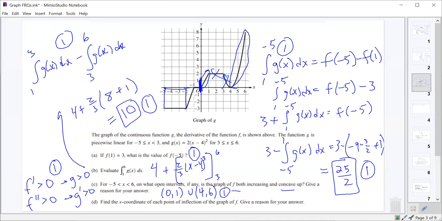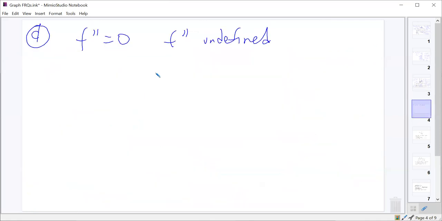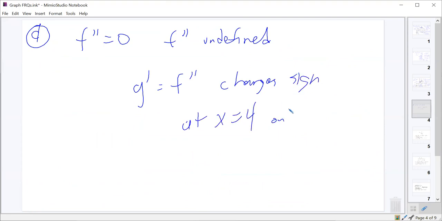From 0 to negative, again, same thing. Now it goes from negative to positive at 4. So we have a sign change for G prime, or F double prime, changes signs at x equals 4 only. So x equals 4 is the location of our point of inflection.